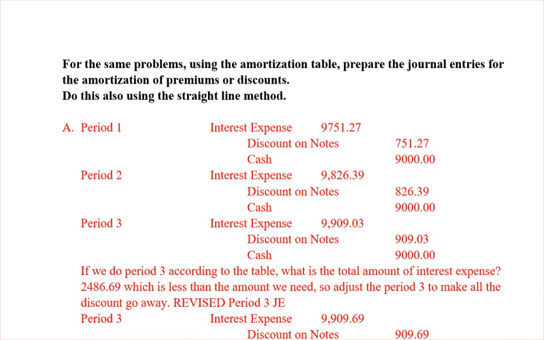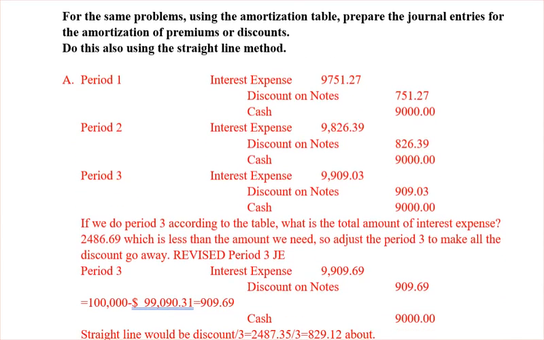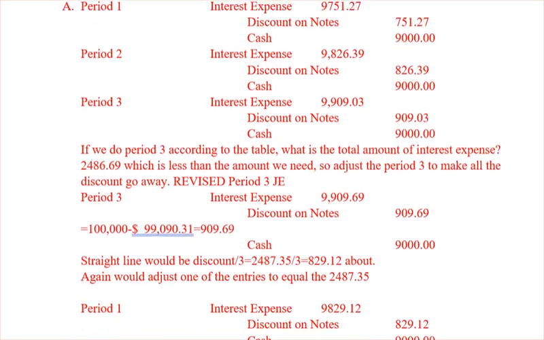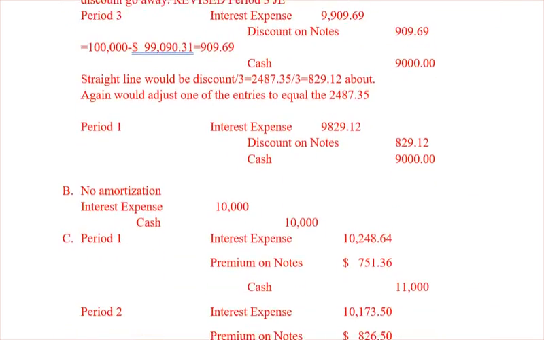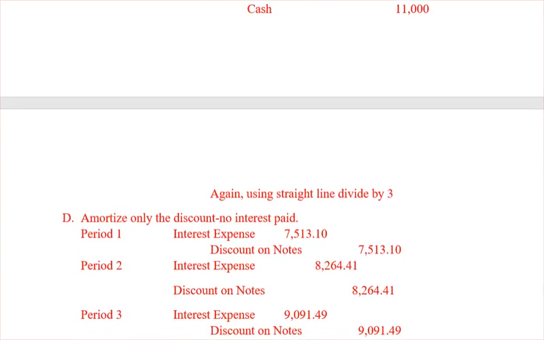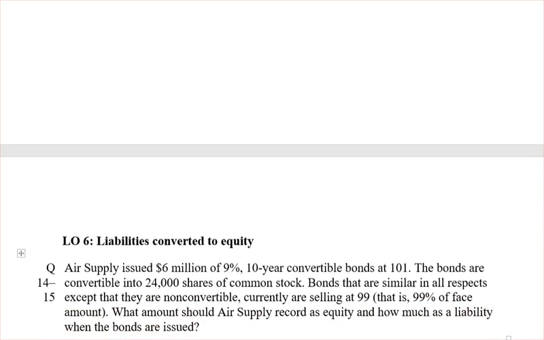So you may have to revise the amounts you have in your journal entry for the last period of time to reflect an additional amount, to remove an additional amount from your discount account. And those are all associated with what we had there above.